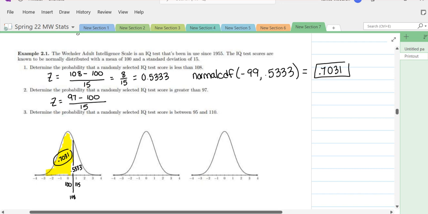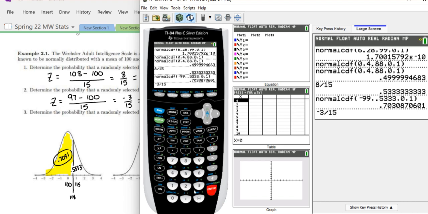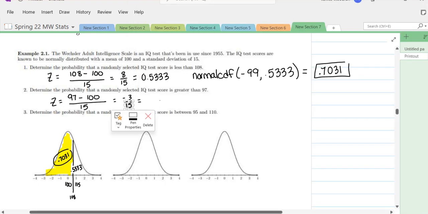Remember, 100 is the mean, 15 is the standard deviation. That gives you negative 3 over 15, which is negative 1/5, so negative 0.2.